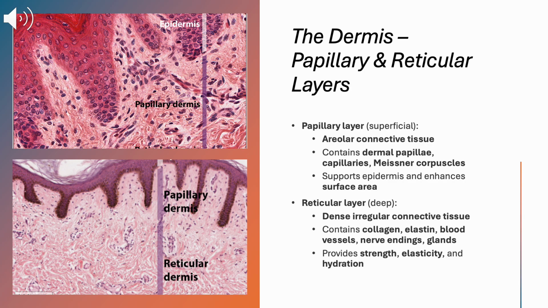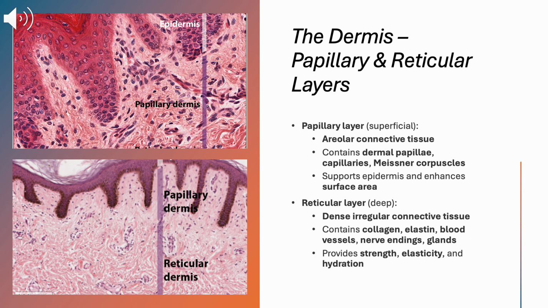Moving beneath the epidermis, we enter the dermis, often referred to as the core of the integumentary system. It's a strong, supportive layer that anchors and nourishes the epidermis and houses many important structures. The papillary layer is the upper region of the dermis. It's made of loose, areolar connective tissue, which allows space for small blood vessels, immune cells, and sensory receptors.